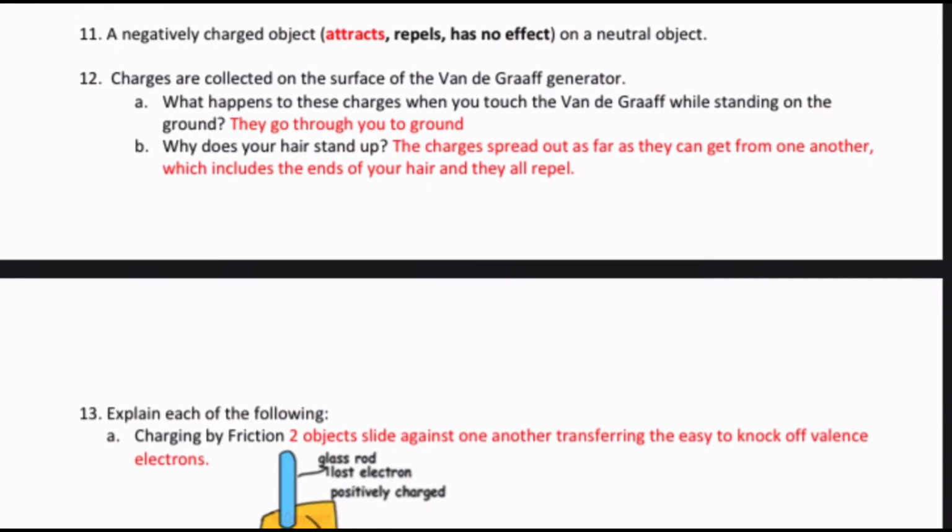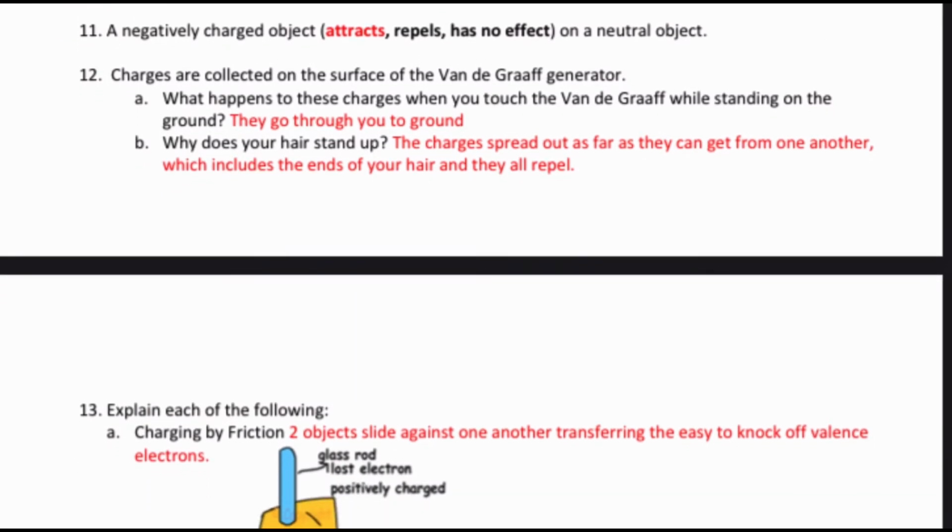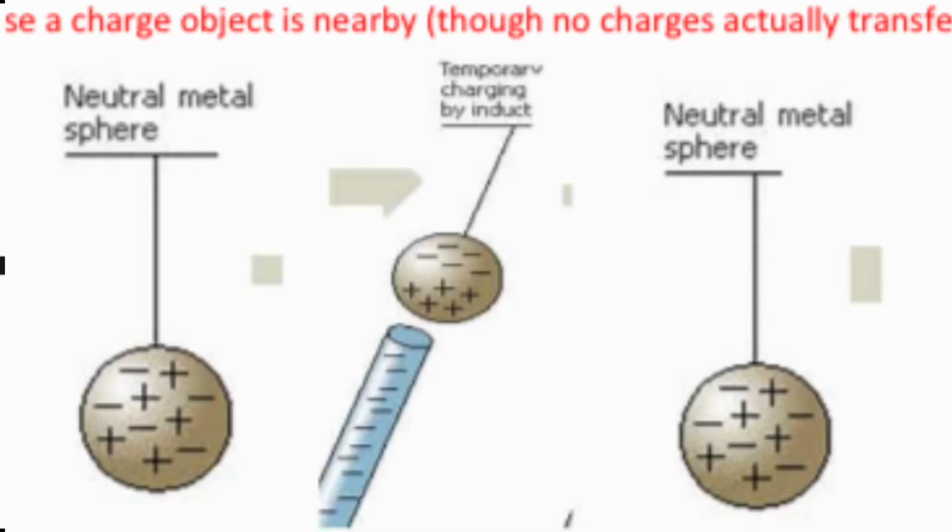A negatively charged object is going to attract a neutral object. I guess that makes sense. Is it conduction? I think it's induction. I don't remember which one it is, but whenever you bring a charged object close to the neutral object, the protons do not move.